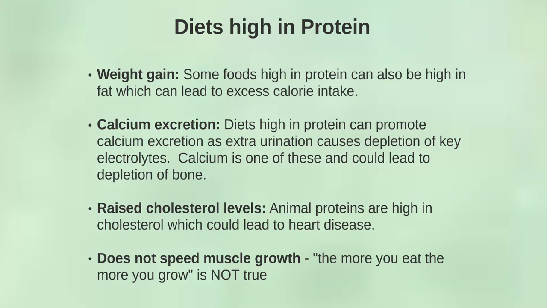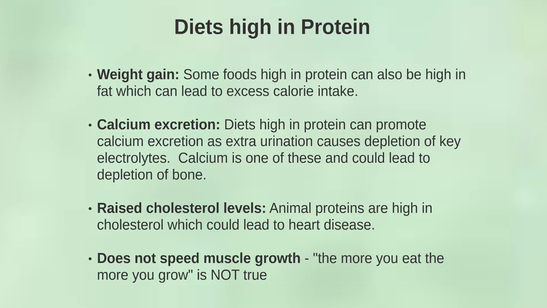With the additional urine output that you might experience with an excessive protein diet, it's not only the nitrogen that gets excreted, but other essential electrolytes can also leave in urine as well, and one of those is thought to be calcium. So there is a link between excessive protein intake, the increased urine production, and that of calcium excretion from the body as well.